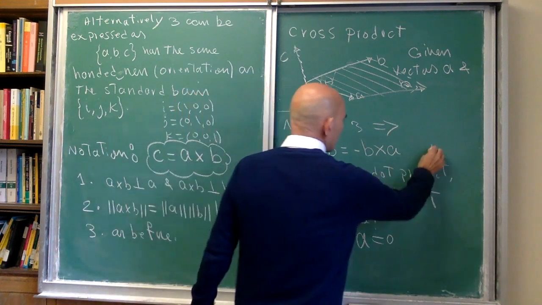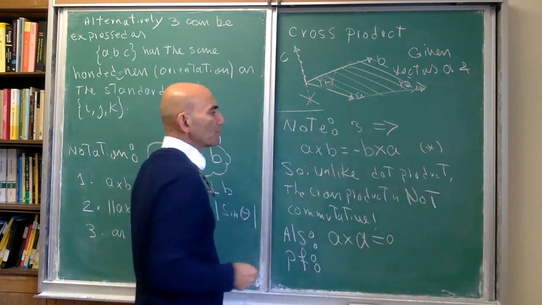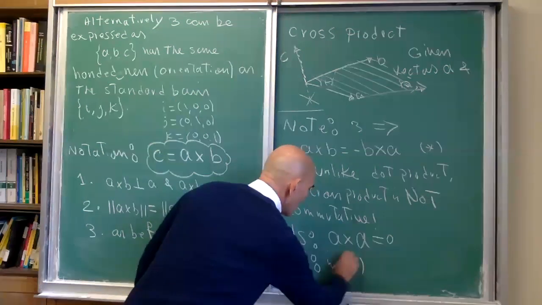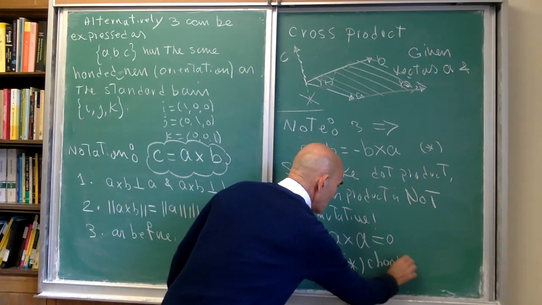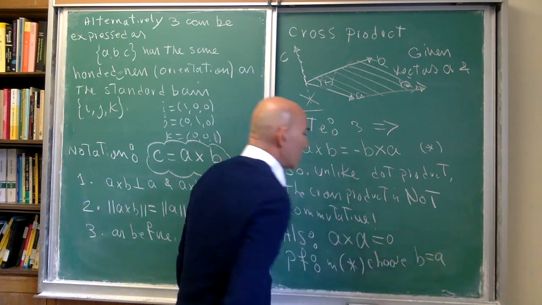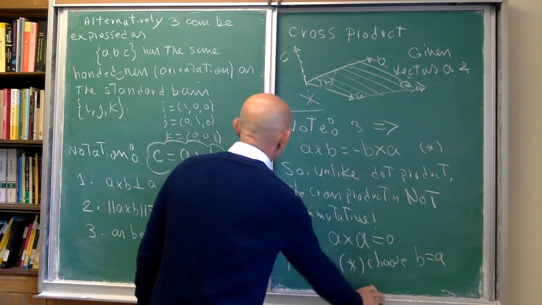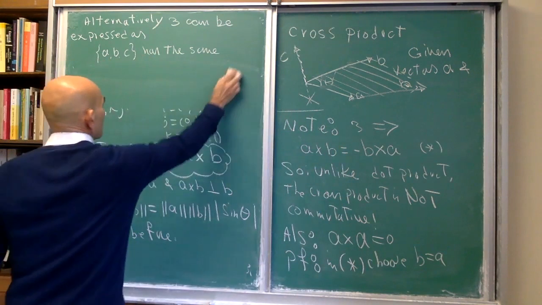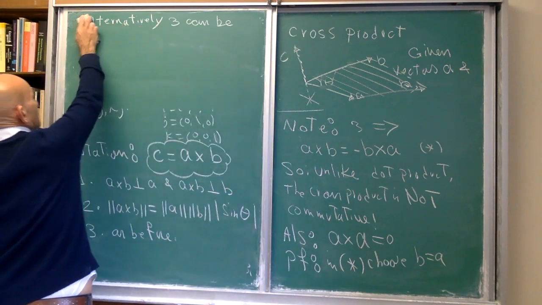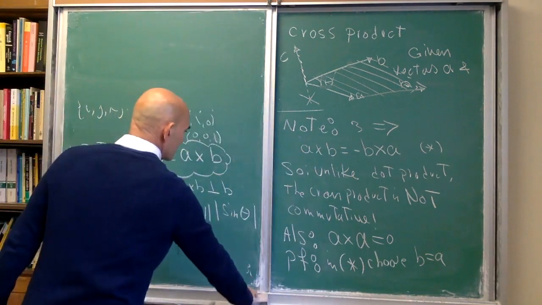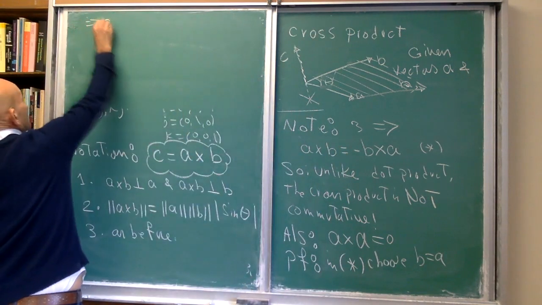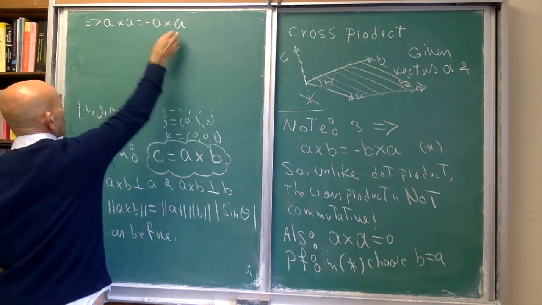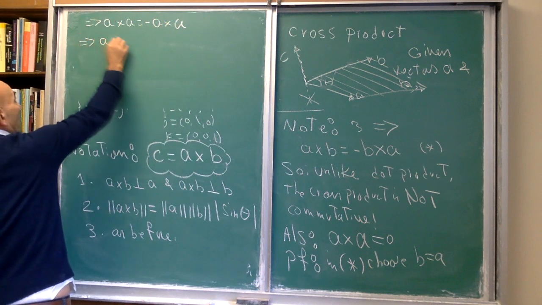In this relation star, if I just put B equal to A, then we get A cross A equal to minus A cross A. So from here you get that A cross A is equal to 0.